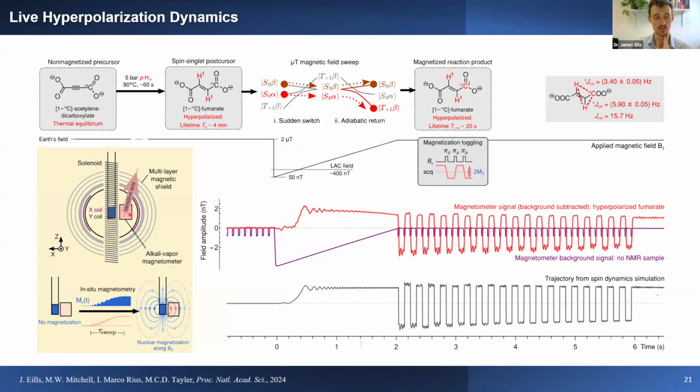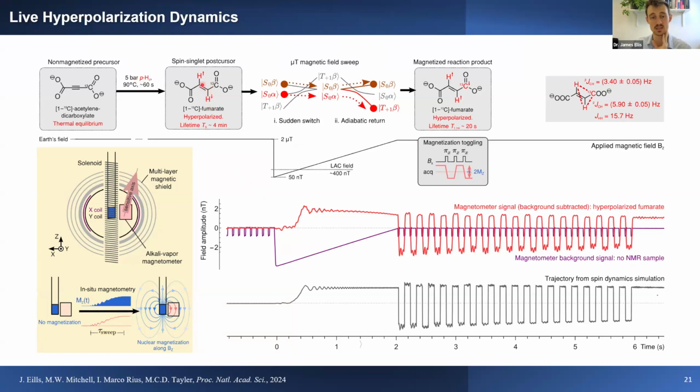And that means that the magnetometer is seeing a residual field from the solenoid of just a few nanotesla. And that's okay. It's still sensitive and it can still operate with a few nanotesla field applied.